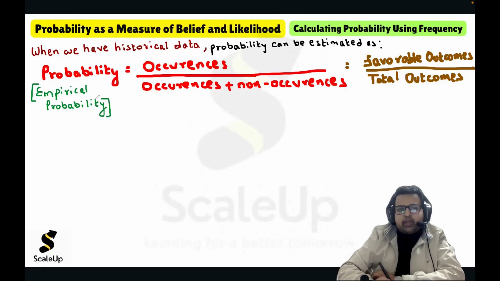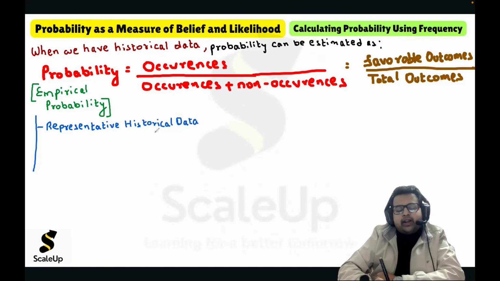Now for this empirical probability to work, for this formula to work, we should take some conditions into consideration. We should have representative historical data, because if we conducted any experiment, we should have data, and only then will we be able to calculate probability.